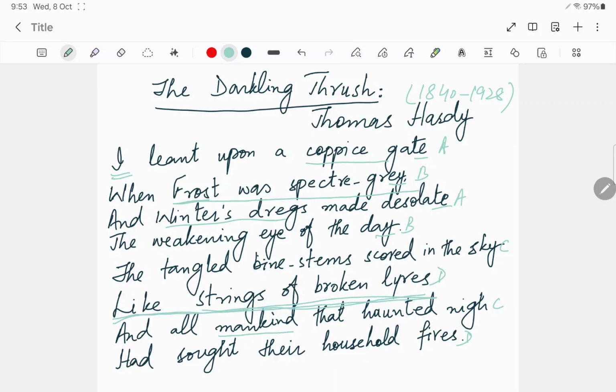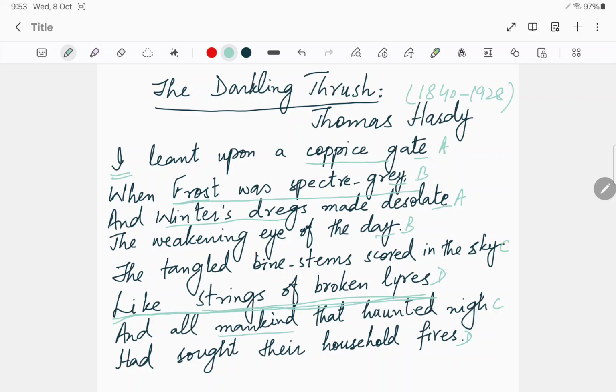So that compares the vine stems to broken musical instruments, which is a symbol of lost harmony or sound of music. Then there is a use of alliteration as well, repetition of consonant sound, as we say frost was spectre grey.